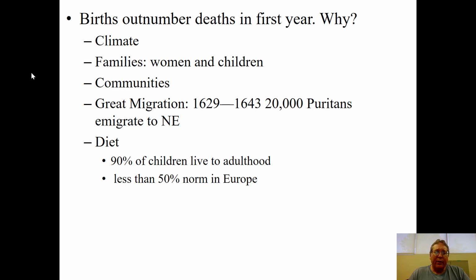So a couple other things to keep in mind is the fact that this migration again is huge. In 15 years, from when John Winthrop first asked King Charles I for permission to create a Puritan colony in the New World, about 20,000 Puritans are going to leave England. Now, it's only a tiny fraction of England's population.